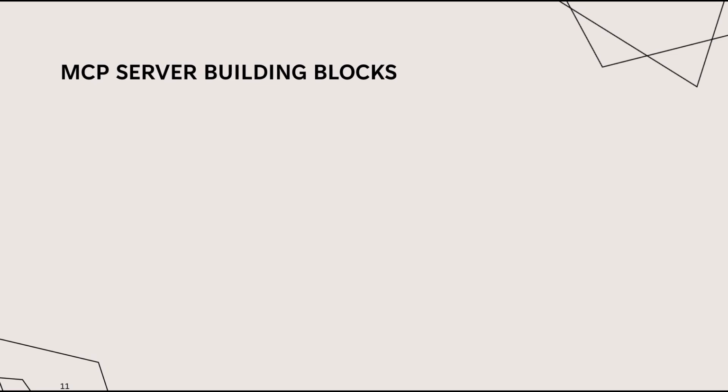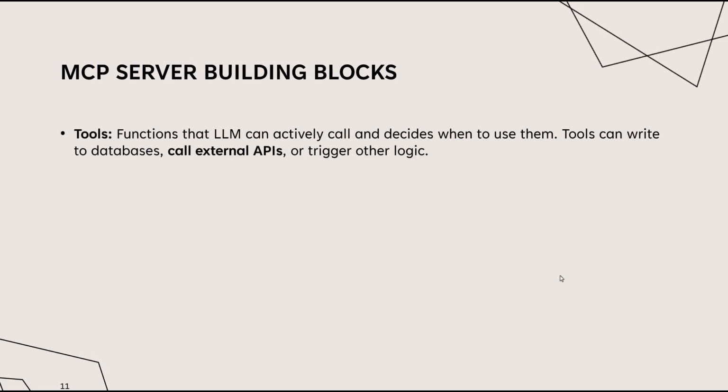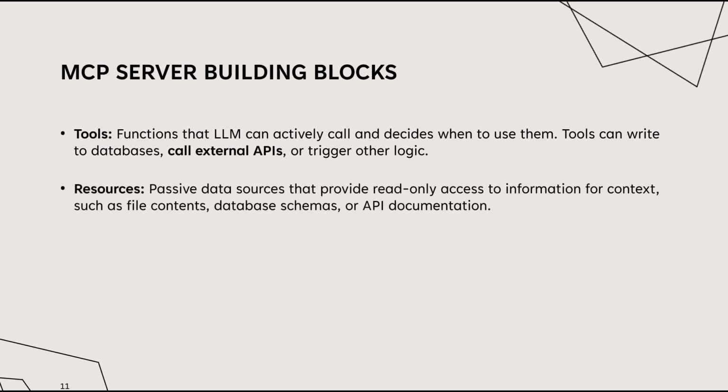The MCP server is built on three key components. The first is tools. These are the active functions that the LLM can call whenever needed. Tools can perform tasks like writing to a database, calling external APIs, or triggering other custom logic. The second component is resources. These are passive, read-only data sources that provide context to the LLM.